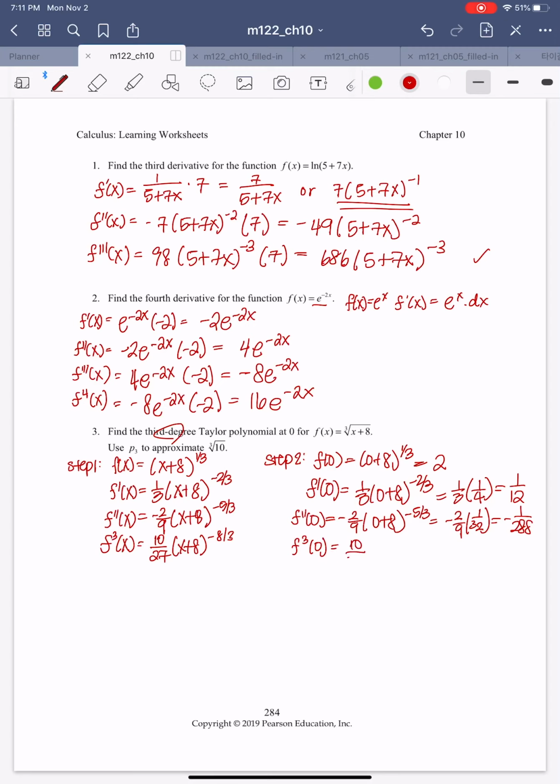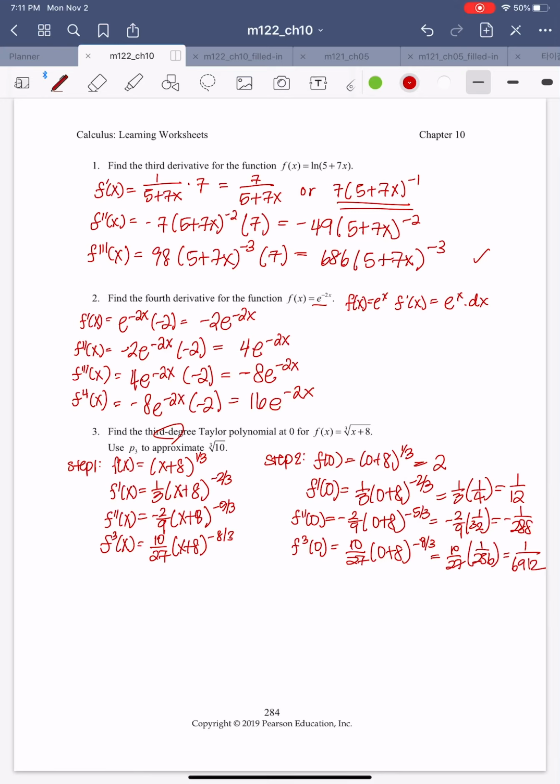So 10/27 times 0 plus 8 to the negative 8/3. 8 raised to the negative 8/3 is 1/256. So I have 1 over, and you can cancel out the 10 with the 256, and make it 6912. Okay.